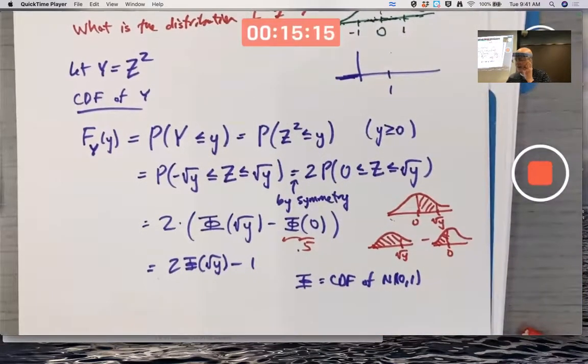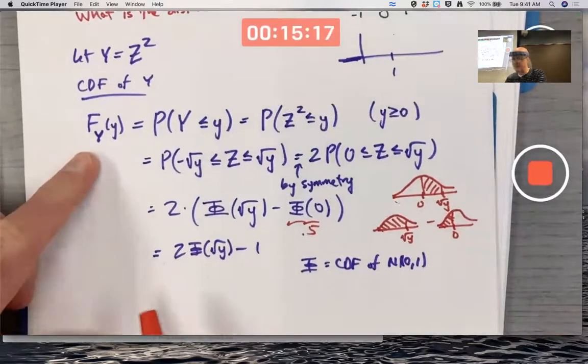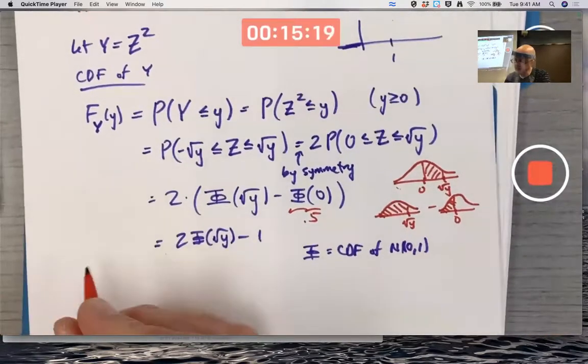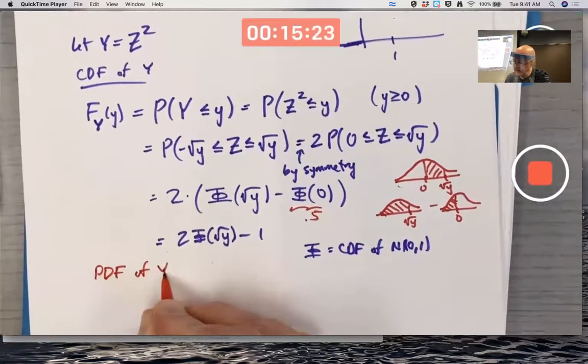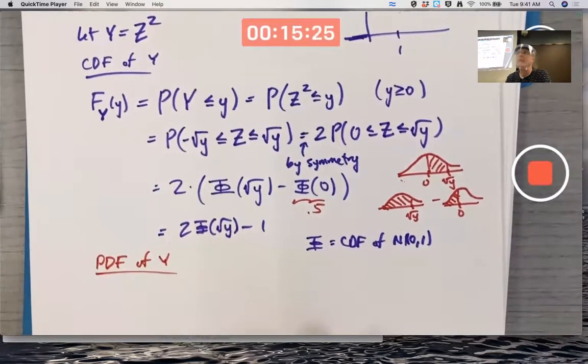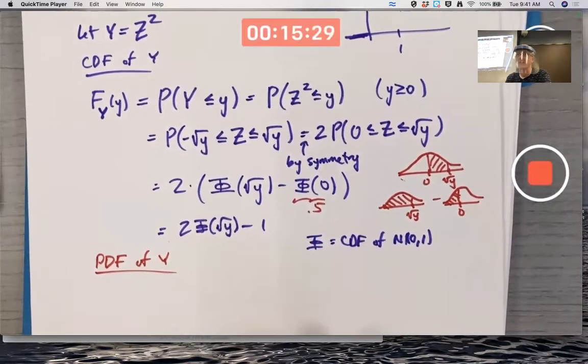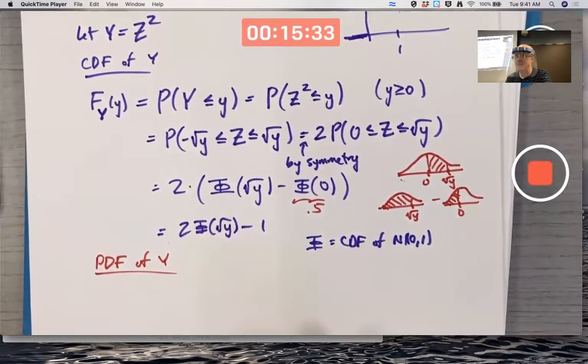So, maybe I should try to find the PDF of Y now. Maybe I should differentiate this. This is a pretty important technique that I'm showing you here, including for applications, including for simulation.